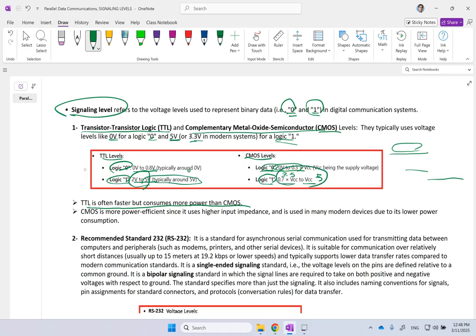The ranges of the voltage. CMOS is more power efficient, of course, and its input impedance is higher. So many modern devices for parallel communication use the CMOS level and standard as opposed to TTL because it is not using as much power.